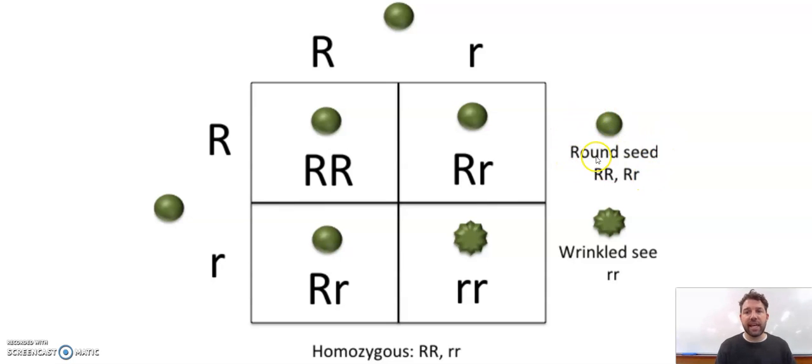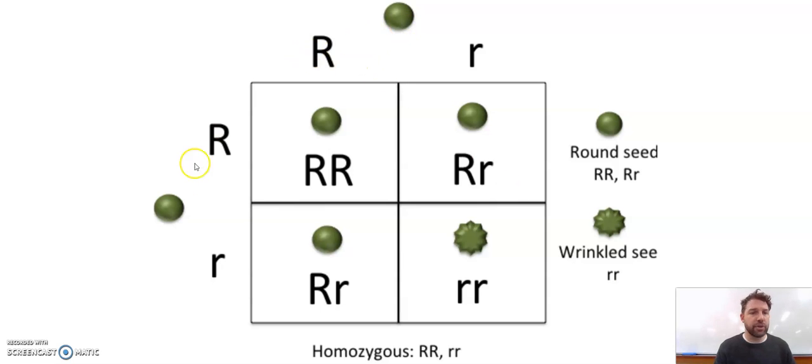But both of those end up with round seeds because they have the dominant round gene, which masks the recessive wrinkled gene. The only combination to get a wrinkled pea seed would be little r, little r, lowercase, lowercase.